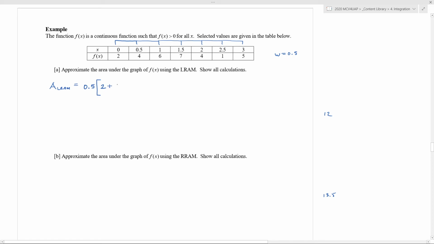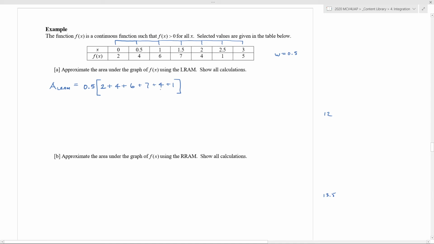The height of the second rectangle will be 4. The third, 6, 7, 4, and 1. Those are the heights of each rectangle. The first one has a height of 2. The second one has a height of 4. Third one, 6. Fourth one, 7.